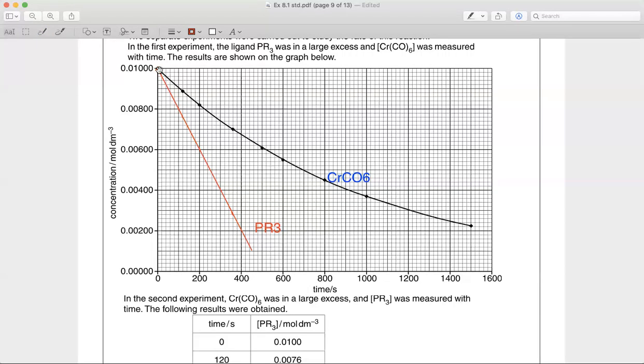Forget whatever I said about the half-life not taking into account where you start. Now we're going to start at the initial concentration, which is 0.01. Half-life is the time taken for the concentration to go half. Your concentration goes half, not your time. Your time will not go half.